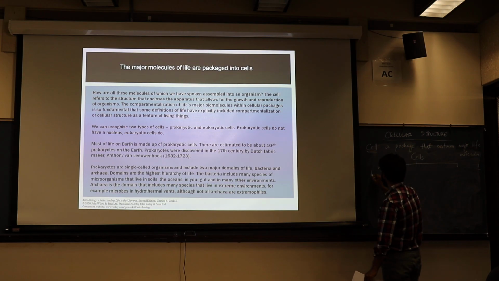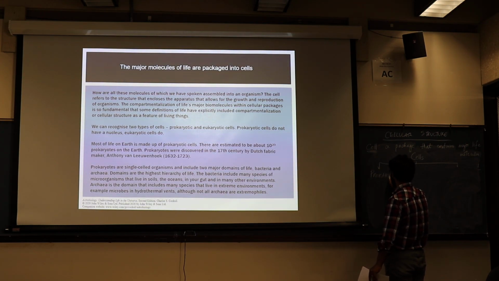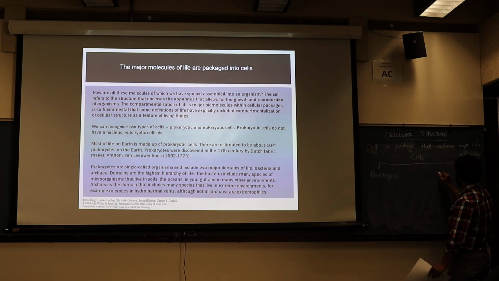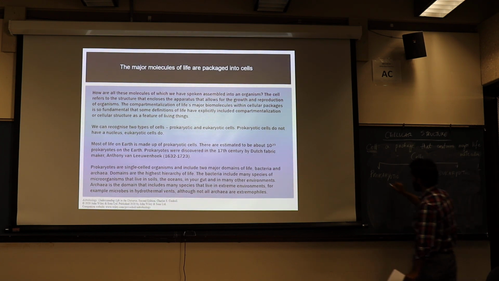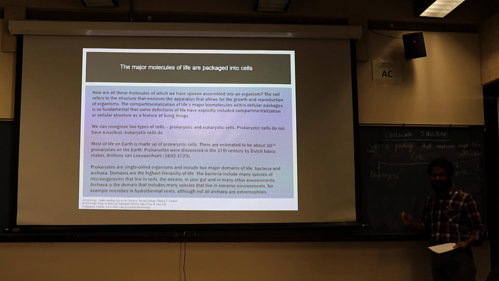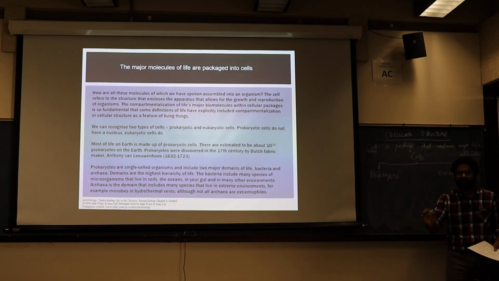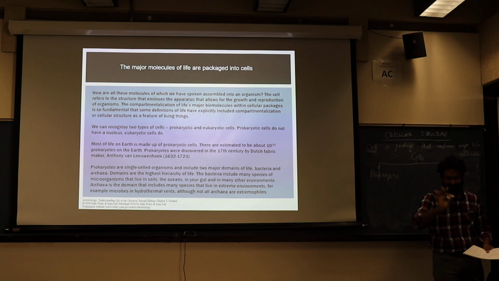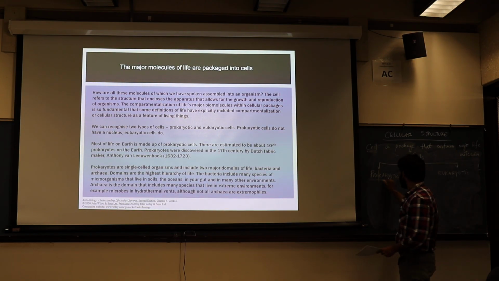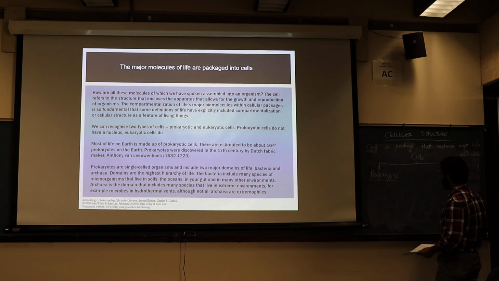So we will have prokaryotic cells and you will have eukaryotic cells. Whenever you have this name pro, that means it is the older one, the simpler one, the earlier one, something like that. Okay, so the prokaryotic cells and the eukaryotic cells.